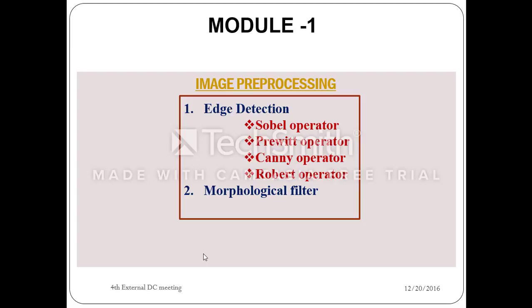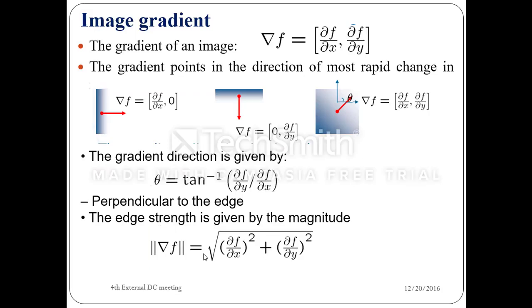There are four types of operators: the Sobel operator, Prewitt operator, Canny operator, Roberts operator, and the morphological filter. The image gradients are the equations which we will use in our part for hand motions, which is a real implementation part of the hand motion recognition system.